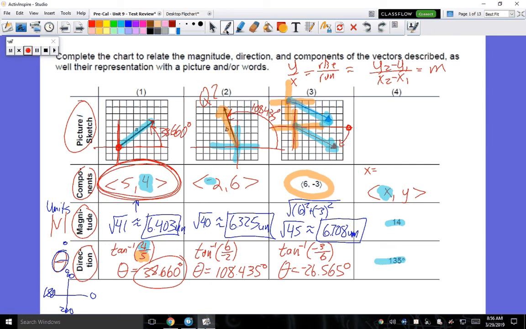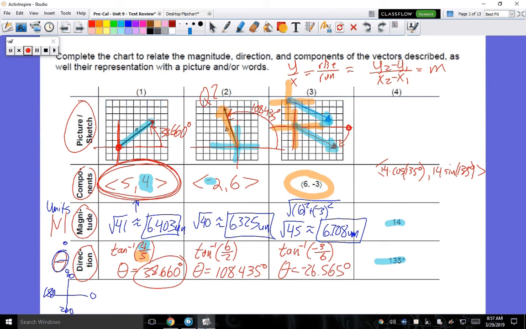Okay, so it would be, in this case, 14 times the cosine of 135 degrees. That would be your x component. And the y component would be 14 times the sine of 135 degrees. And then you would have your vector drawn just like this.